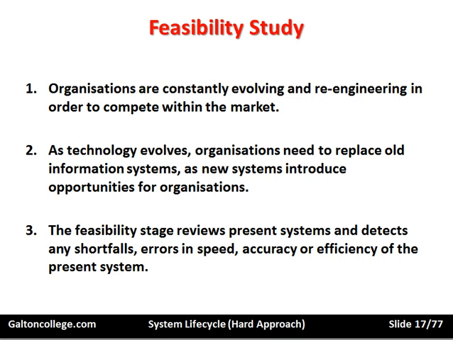The feasibility stage reviews present systems and detects any shortfalls, any errors in speed or accuracy or efficiency of the present system. So the feasibility study is constantly monitoring what's happening right now. If the company is making something, the feasibility study is constantly looking at what's going on right now. Can it be improved?